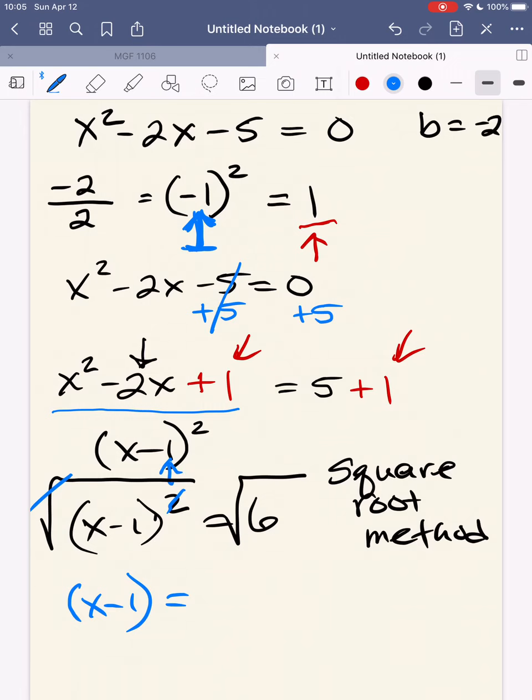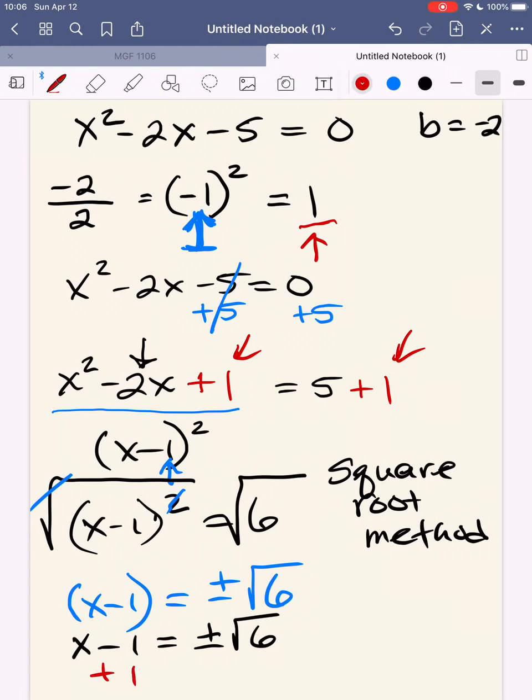Now 6 is not a perfect square, so it equals plus or minus the square root of 6. Whenever we take the square root, we have a plus and a minus version. So x minus 1 is equal to plus or minus the square root of 6.